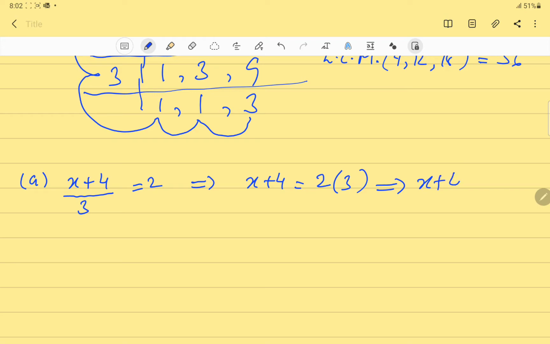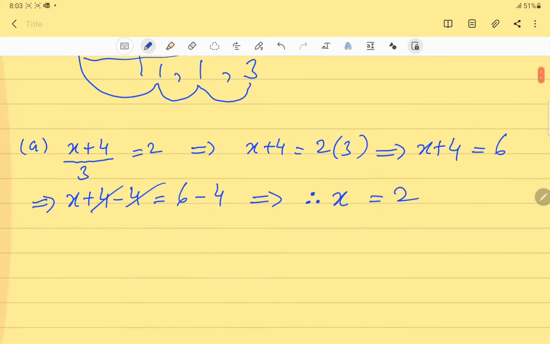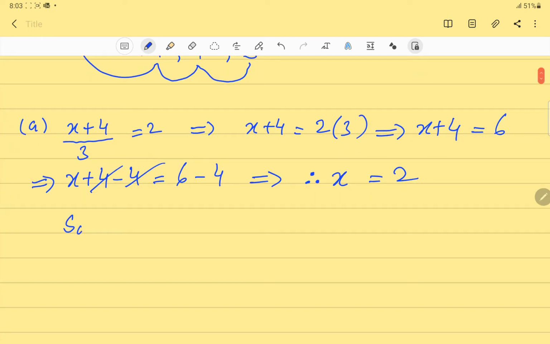So x plus 4 is equal to 6. We subtract 4 from both sides. 4 cancels with 4. Therefore, x comes out to be 2. So our solution set in this case is 2, which is the answer of this question as well.